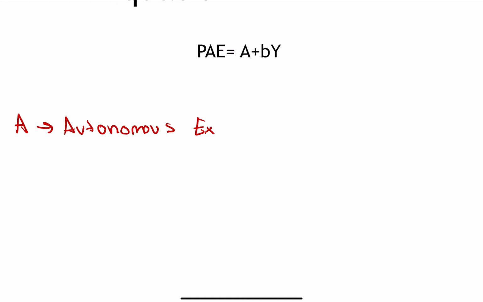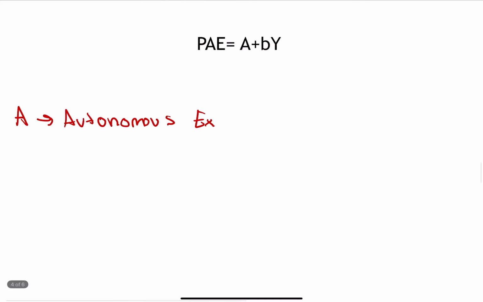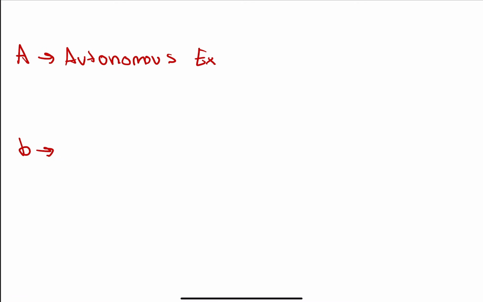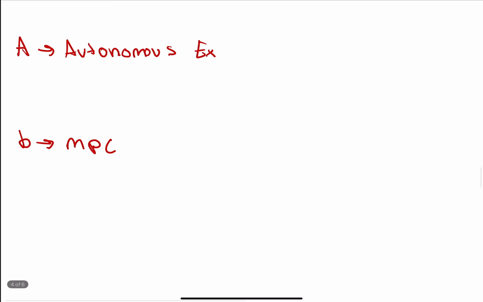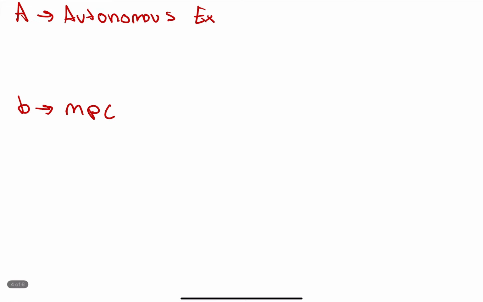So think of this as spending for basics like food and housing. They don't change with income. B is for marginal propensity to consume, or MPC, which measures how much a household's consumption changes in response to a change in income. And Y is for national income.